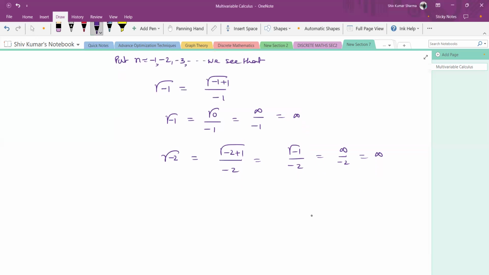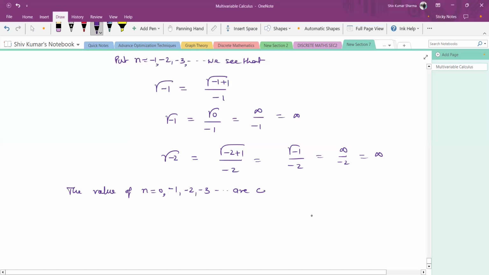So the values n equal to 0, minus 1, minus 2, minus 3 are called singular points of the gamma function.